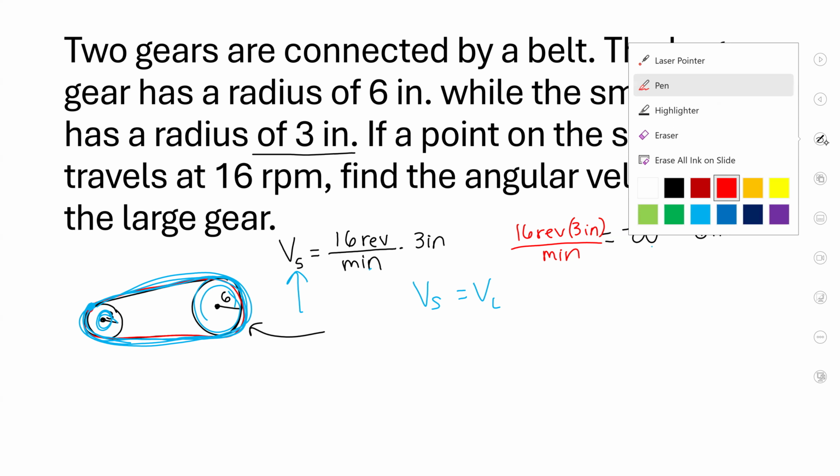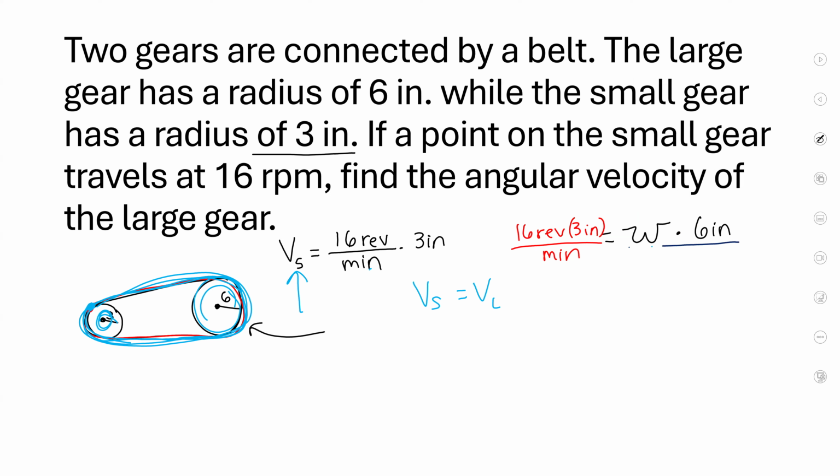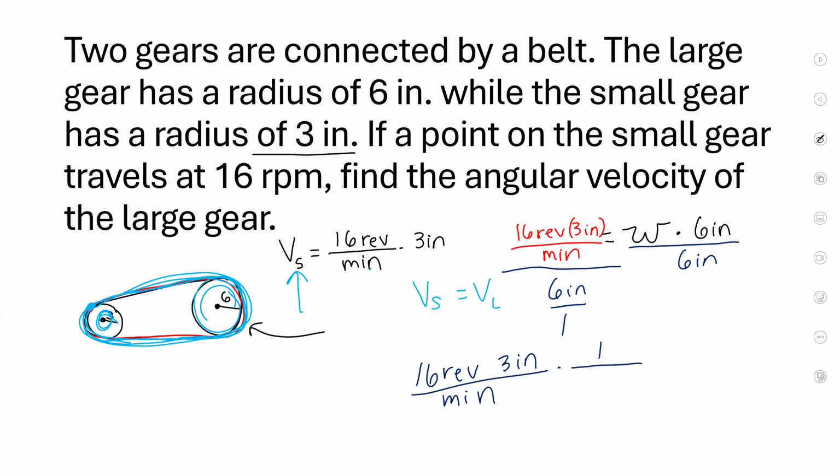So what I'm going to do to both sides is divide by 6 inches, and I'll put it over 1 so you can visualize it better. So I have 16 revs times 3 inches over minutes times 1 over 6 inches equals omega. And wonderful, that cancels out.